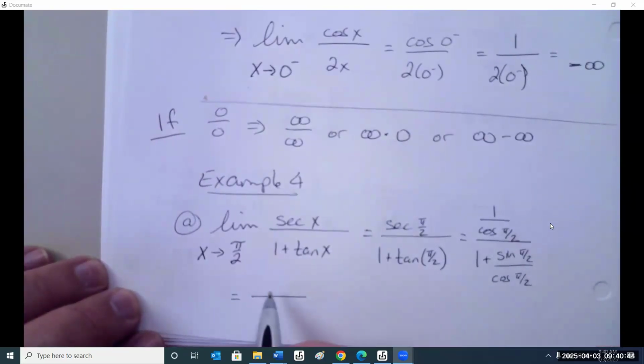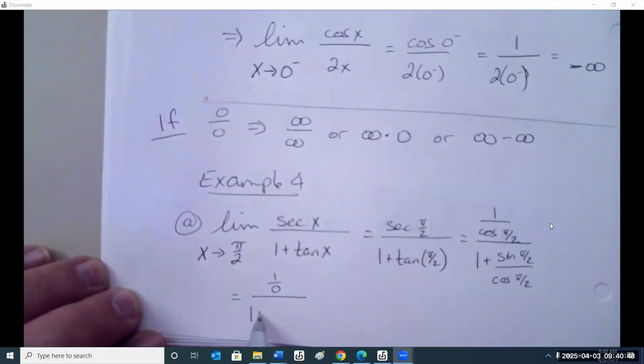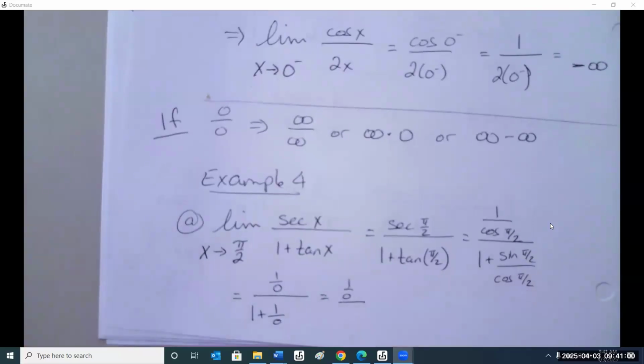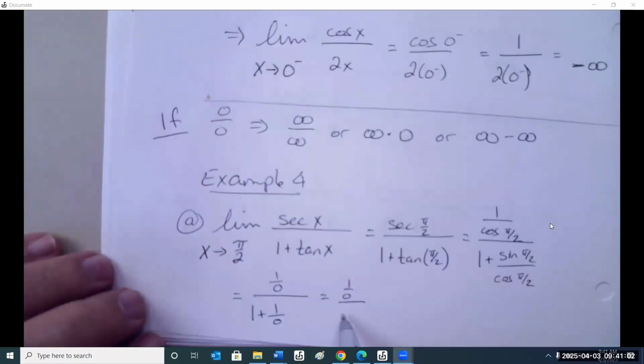Cosine pi over 2 is 0. Sine pi over 2 is 1. Cosine pi over 2 is 0. So it's 1 over 0 over 1 over 0 plus 1 over 0, so it's basically the same thing.